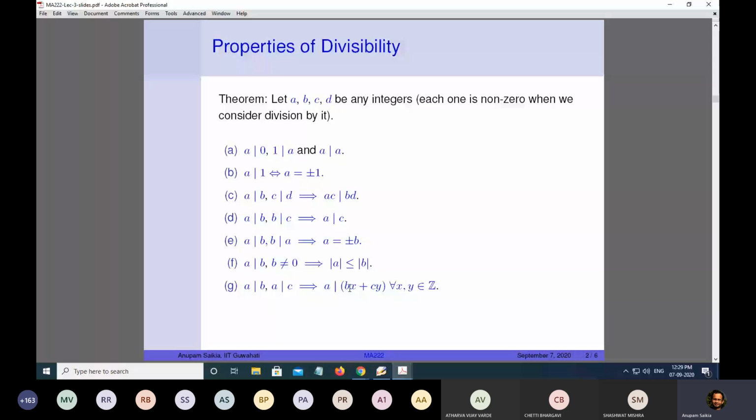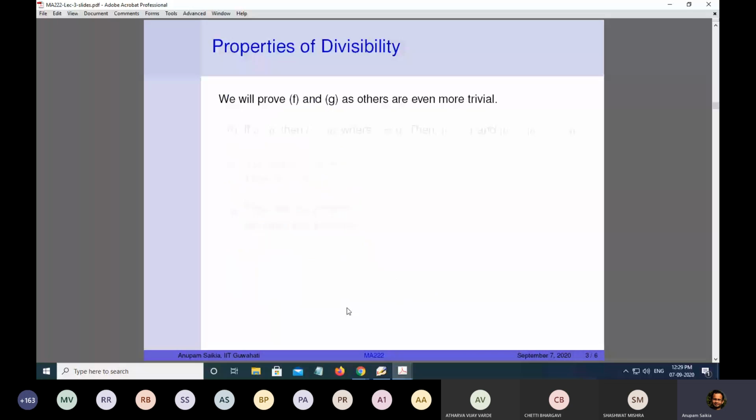This is an important property for us, and it is somewhat obvious, but let me just prove these to emphasize how trivial they are. Let's say A divides B. That means B is AC, where C is non-zero because B is non-zero.